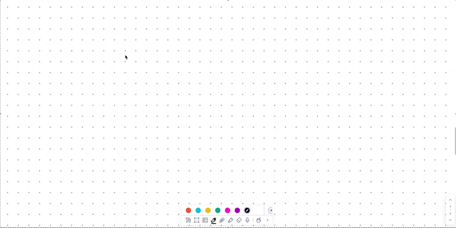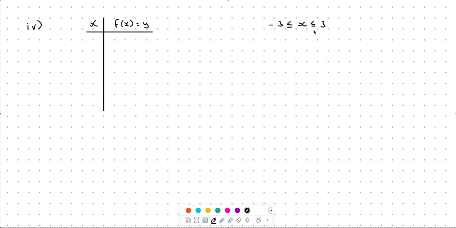And you can get this in your calculator as well. For this sketch of the graph, I would say, what was my x? What was my f of x? But remember, f of x is equal to y. And we want to start at minus 3 to 3. So I'm going to go minus 3, minus 2, minus 1, 0, 1, 2, 3.